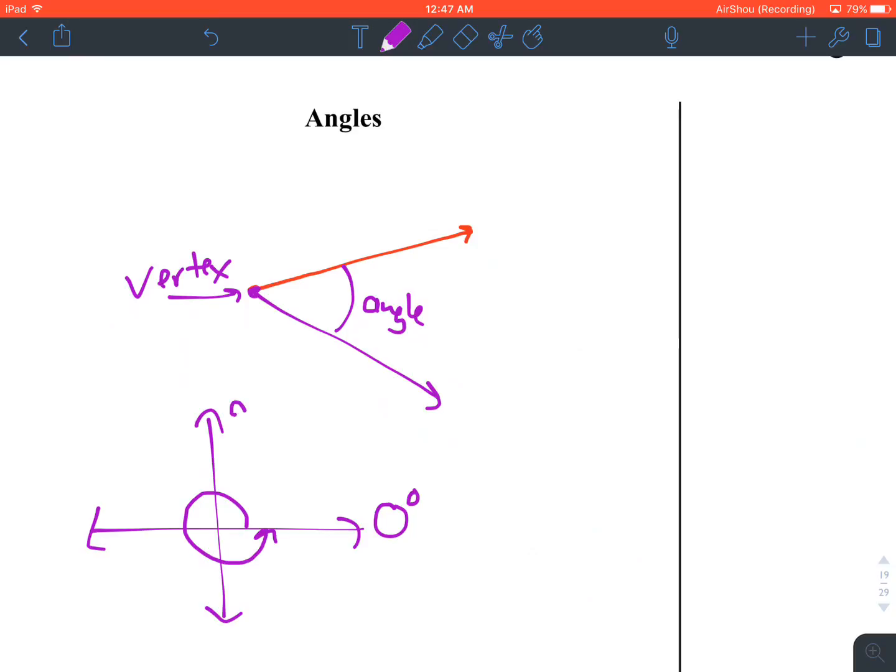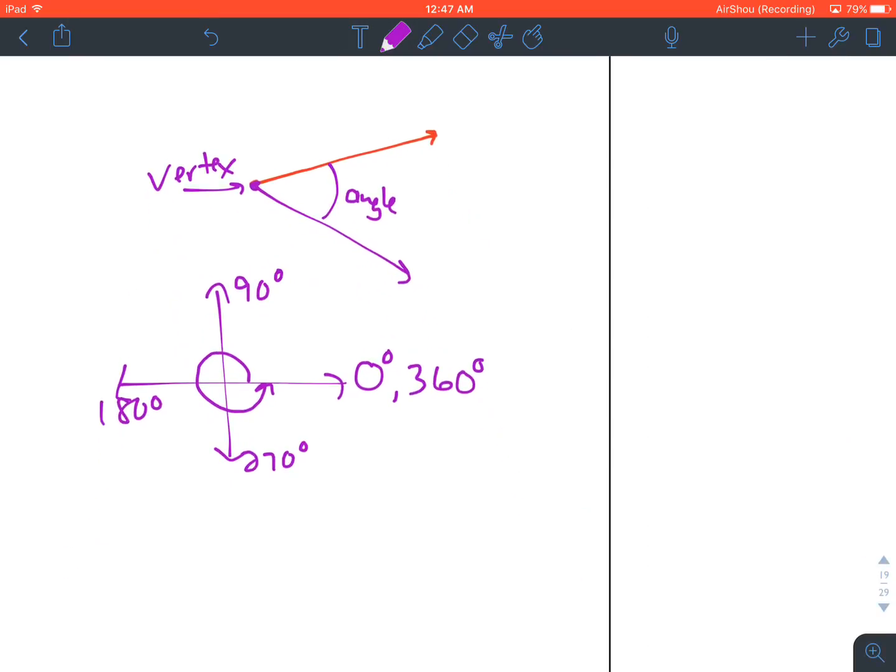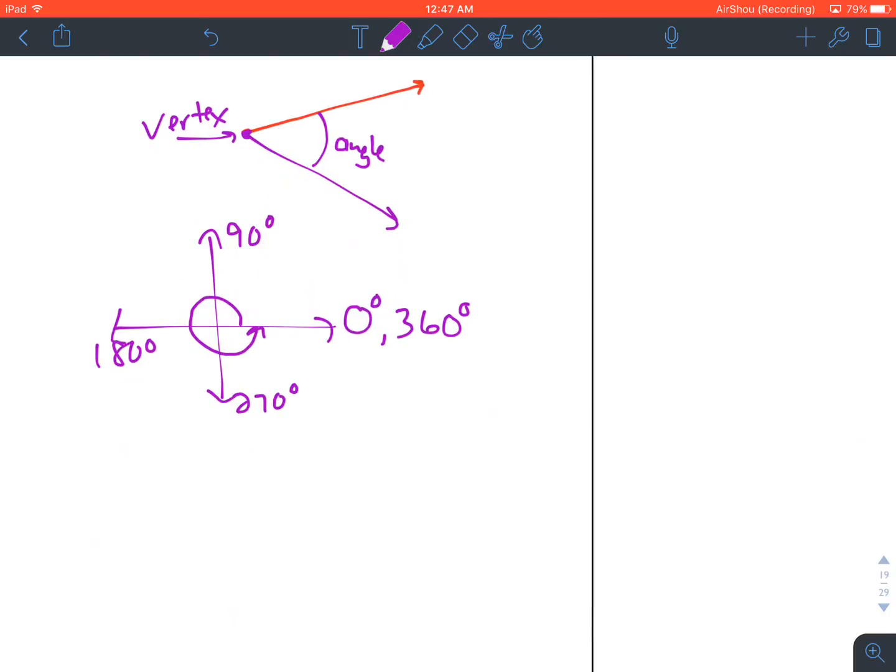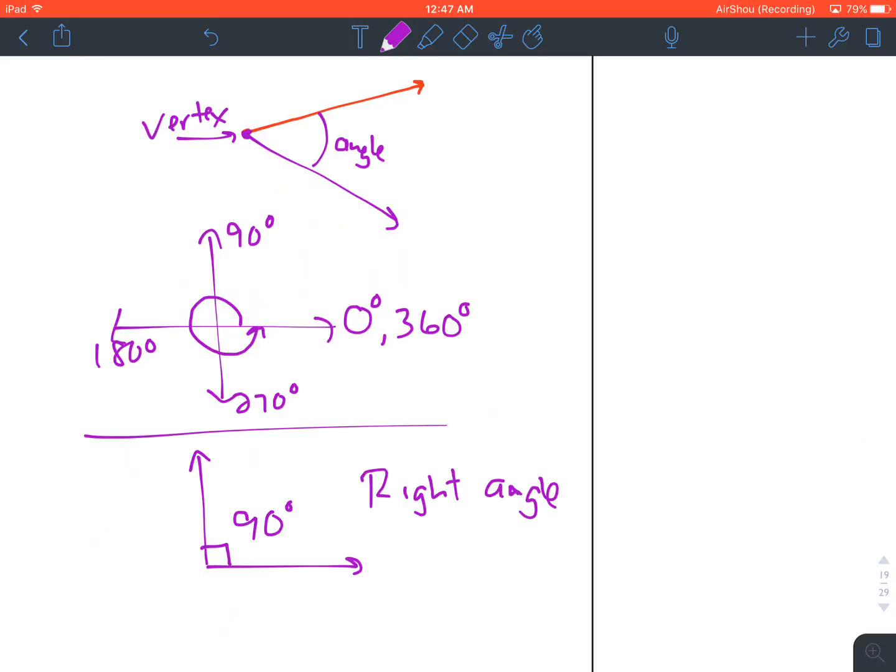So this would be 90 degrees, 180, 270, back to the beginning is 360. So if an angle is 90 degrees, you can state that by putting the symbol here, which also means 90 degrees. That is called a right angle. Hopefully you remember that from geometry.